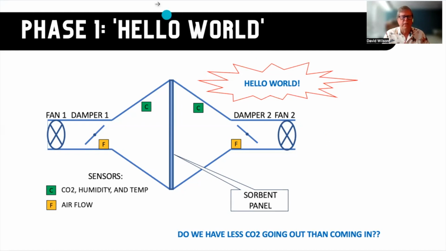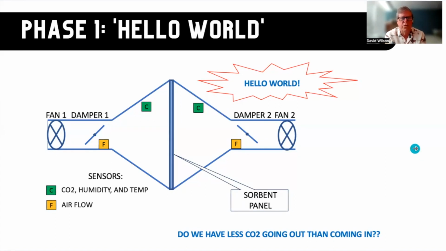If we measure the CO2 concentration coming in and the CO2 going out is less, then that means that some of it's being captured. So when we're actually running the completed system, for example, we might have an algorithm that measures both the CO2 in and out. And when the output is back to the same level as the input, that means that the sorbent has absorbed all of the CO2 that it can, and it's time to start releasing it. So that's our first build that we'll be doing in the next few days.